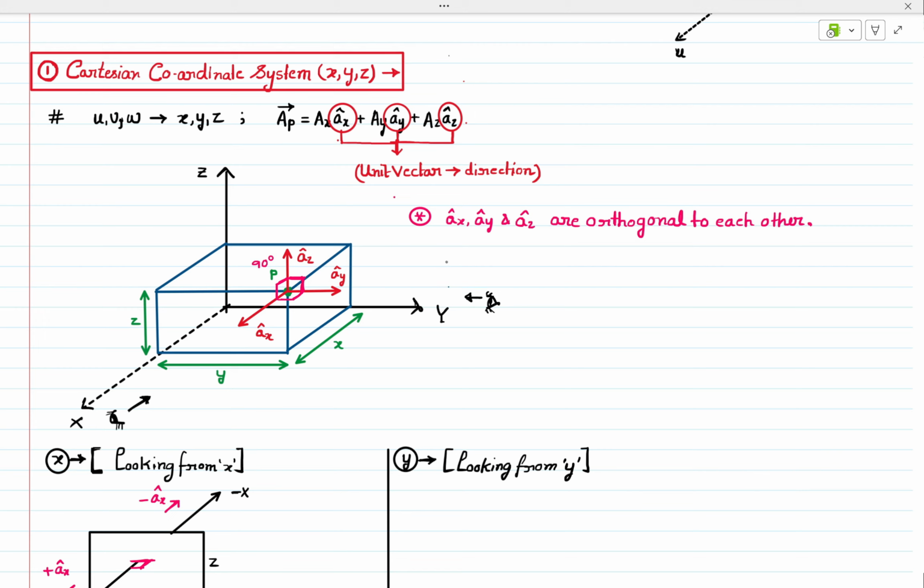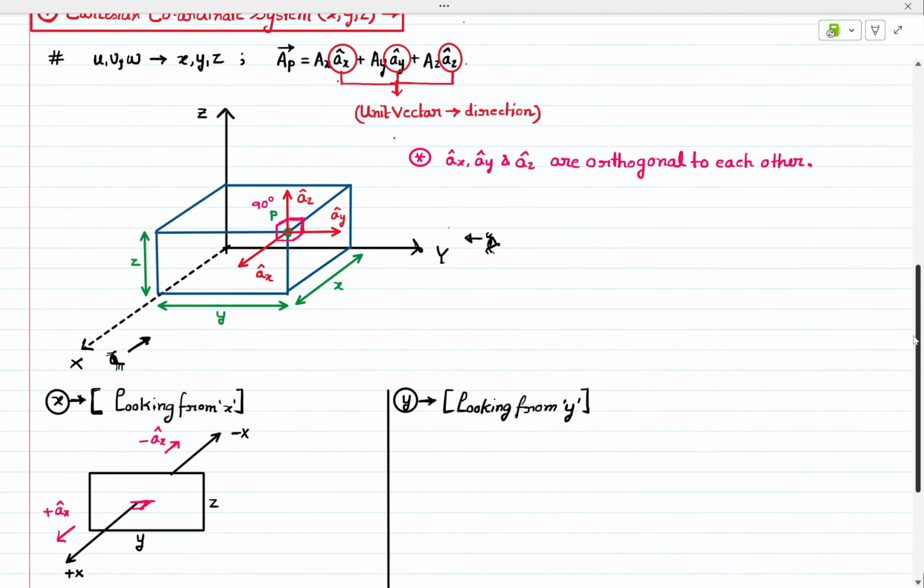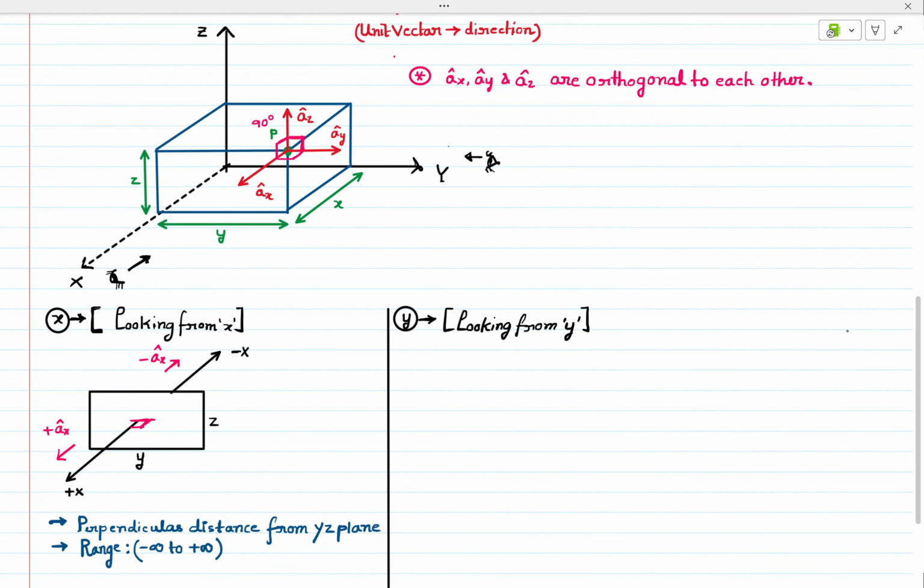Now, if I look from the y direction, what can I see? I can see the xz plane. If you look very carefully, you will be able to see the xz plane over here, right?